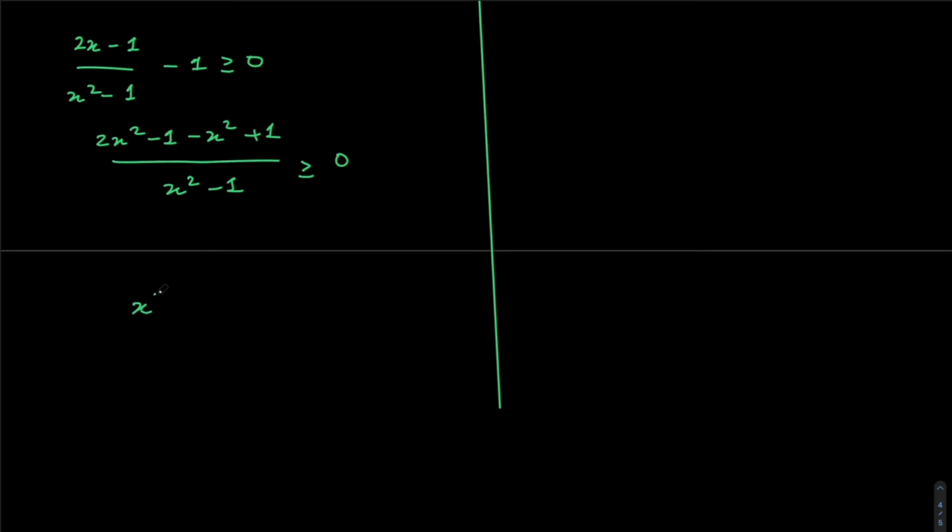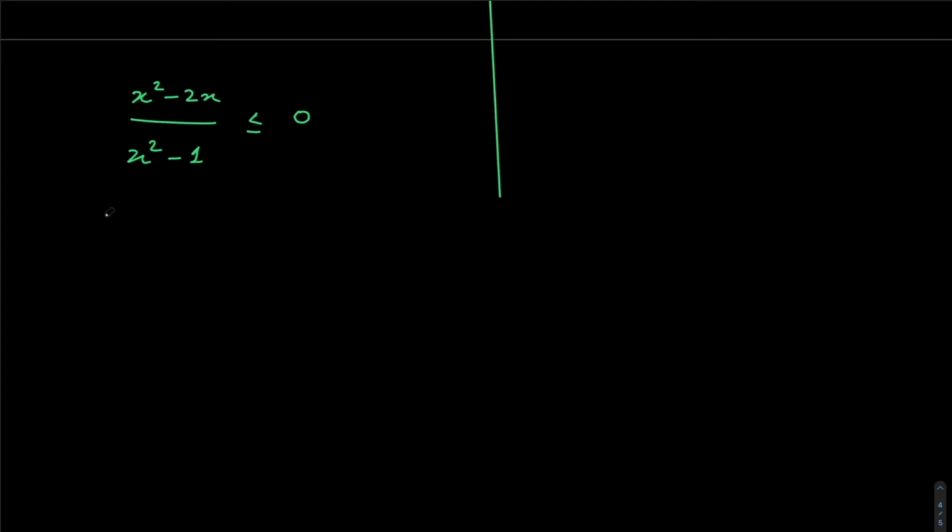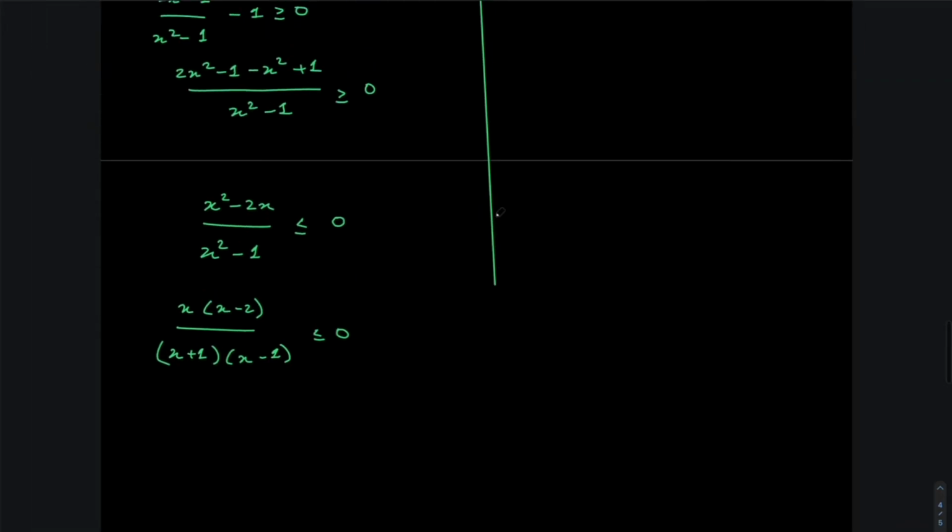So I'm going to have (x squared minus 2x) upon (x squared minus 1), and it's going to be less than or equal to 0, right? I've skipped a few steps, but I'm confident you can figure out what I've done here. So I'm going to have x times (x minus 2) over (x plus 1) times (x minus 1), less than or equal to 0. So these are the few things that you were missing.